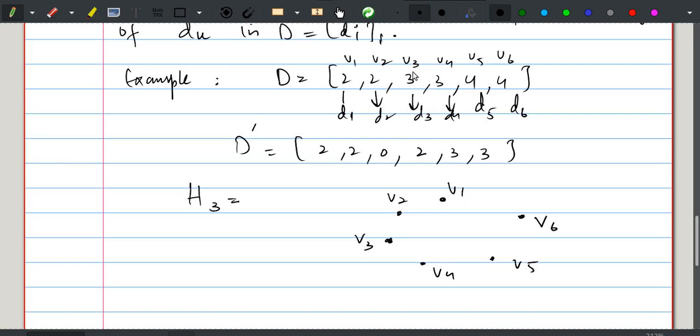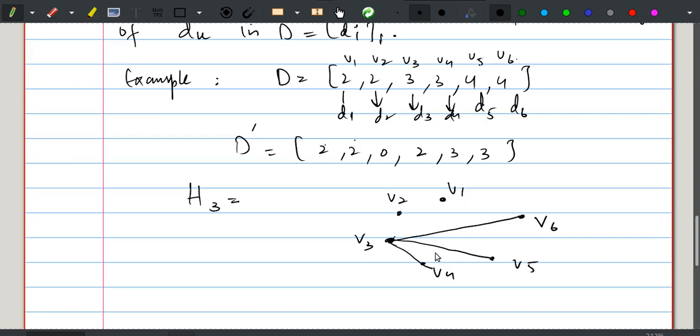The vertices whose degree is the same are v1 and v2, and the vertices whose degree is altered are v4, v5, v6. So we have to join v3 because this is the vertex whose degree we laid off during the laying off operation. So v3 must be adjacent to v6, v5 and v4.